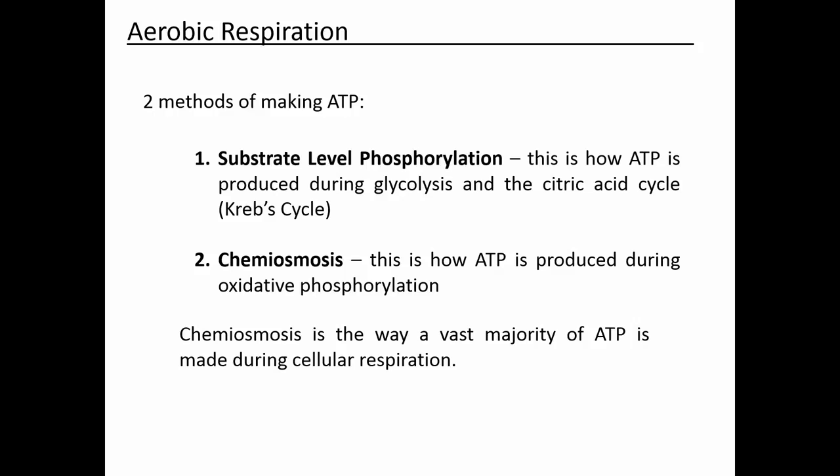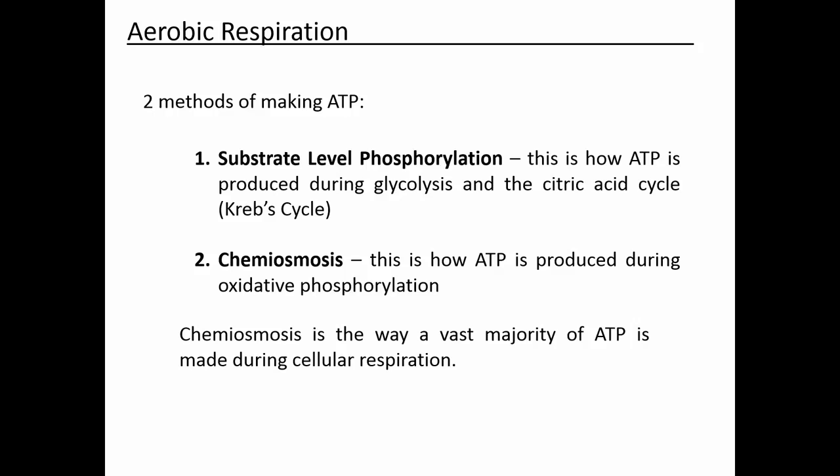And then chemiosmosis is a little bit more complicated. In chemiosmosis, this is a process for making ATP in which you use an electrochemical gradient as the energy source. Okay, so if an electrochemical gradient is used as an energy source to produce ATP, then it's called chemiosmosis.